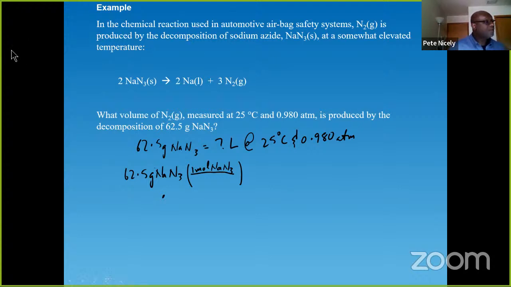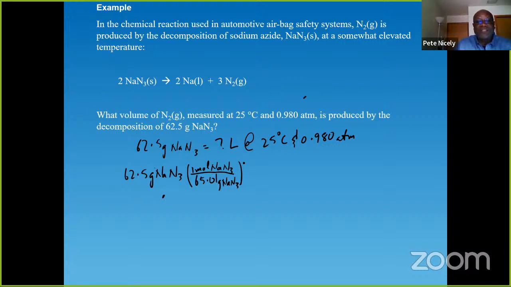Hold on a minute. Okay, so according to my calculations, the molar mass of NaN3 is 65.01 grams. So that's the setup for that.